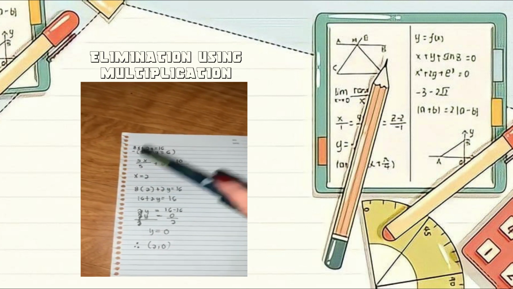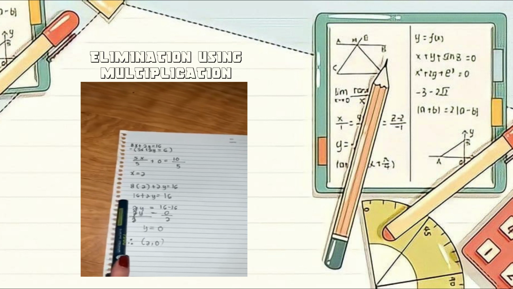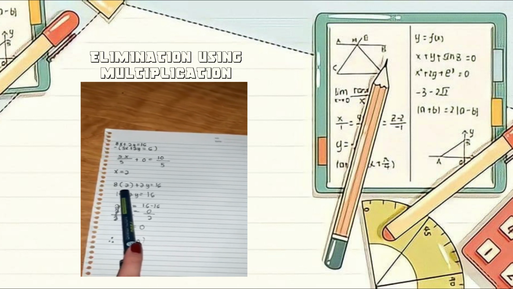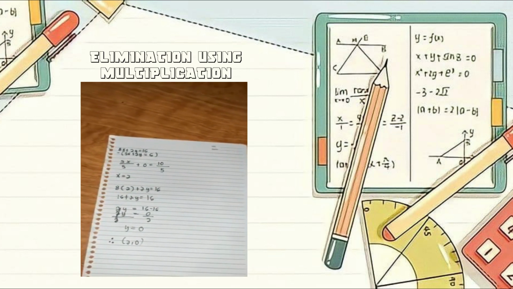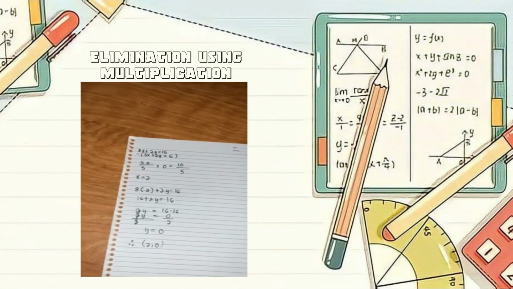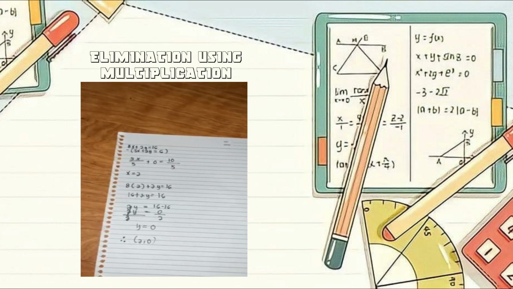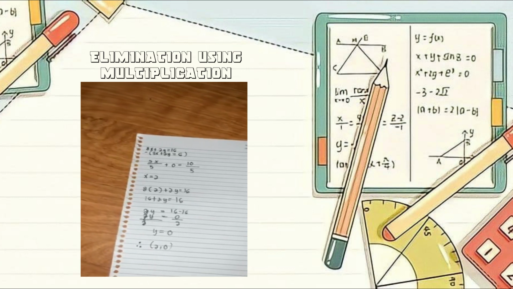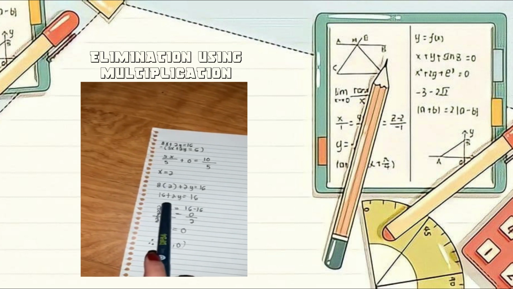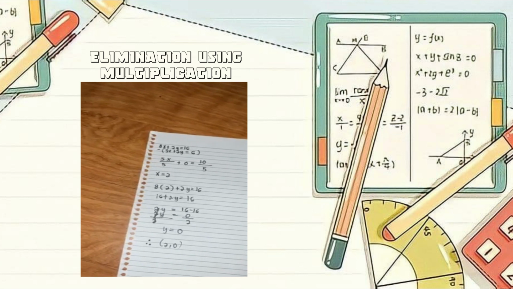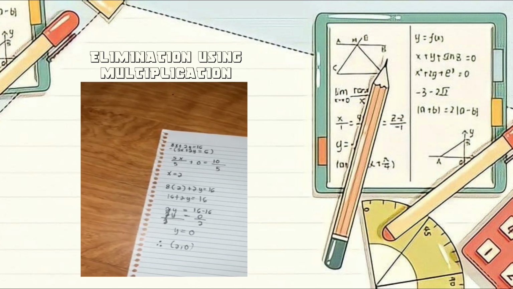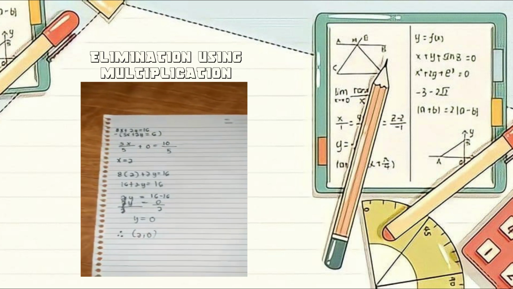So, ito siya. 8, open and close parenthesis 2, plus 2y equals 16. So, kailangan, ang gagawin natin dito is, mapunta siya sa kabilang side. So, yan, 16 plus 2y equals 16. So, napunta na siya sa ibang side.